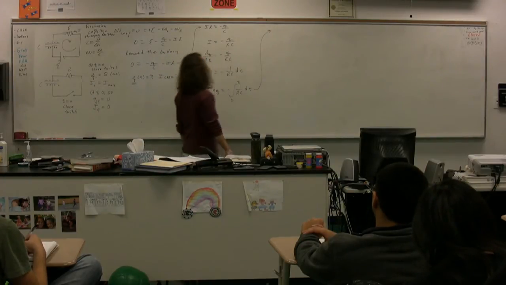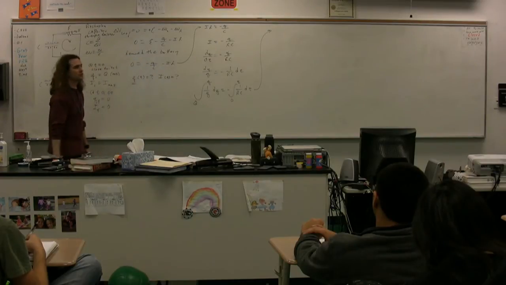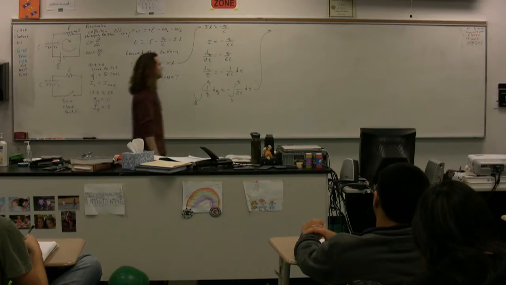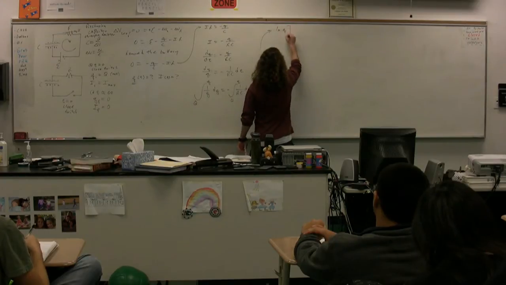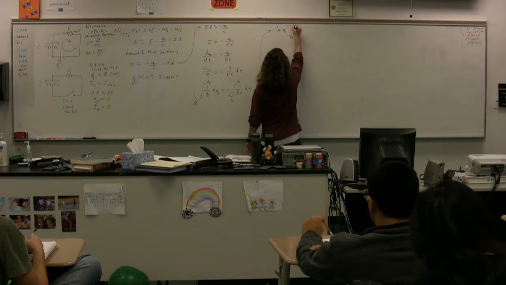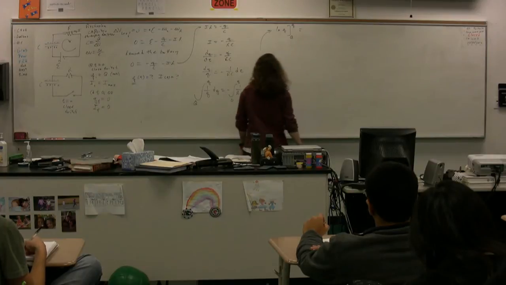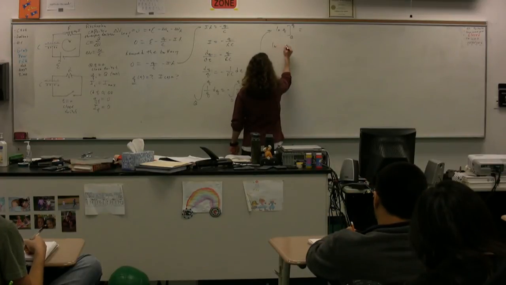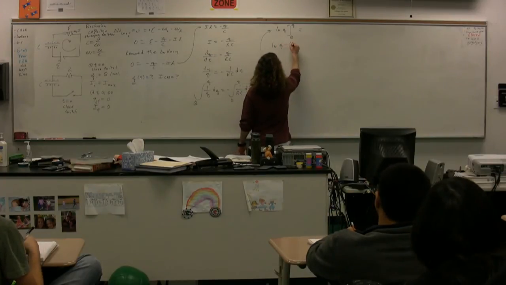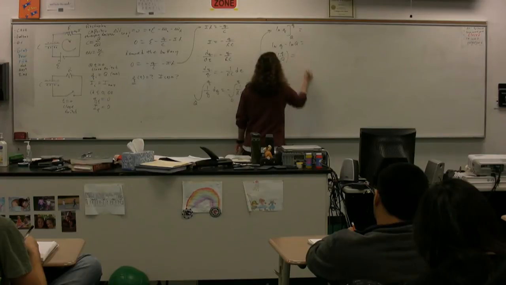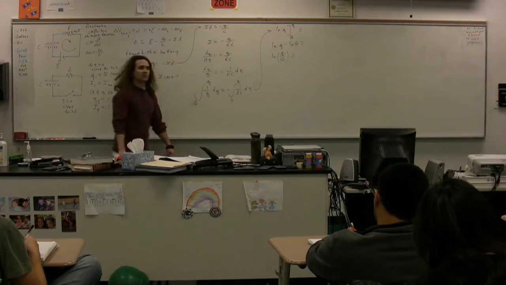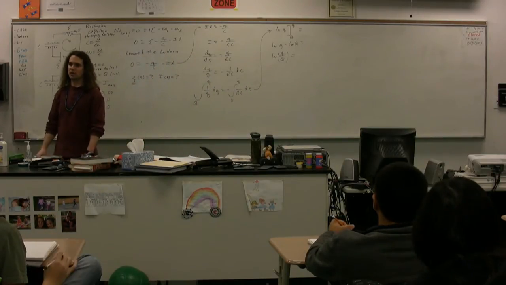Okay, so now, left-hand side, integral of the 1 over q with respect to charge, Stacey? The natural log of q, and that again is going from big Q to little q. So we have natural log of little q minus natural log of big Q. So we have the natural log of q over big Q. Right-hand side of the equation, what can we do with that?